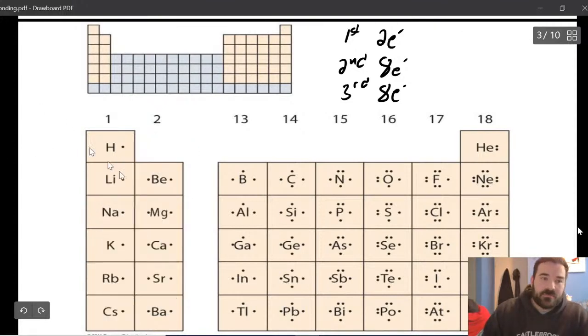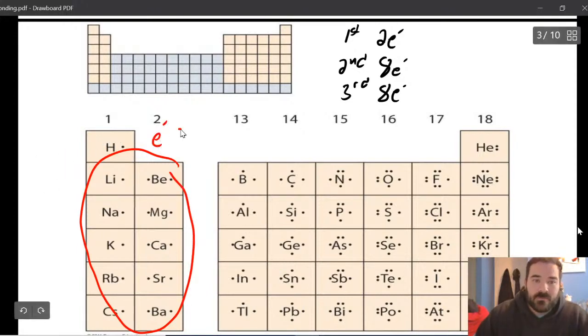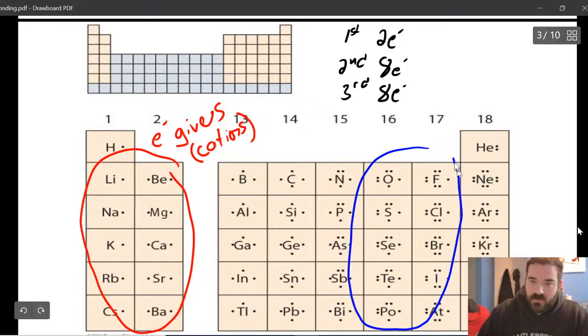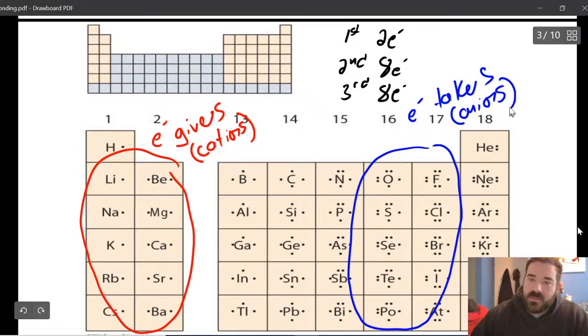So these we'll call electron givers, or atoms that tend to become cations, because they tend to become positive because they're giving away 1 or 2 of their negative charges. And then all of the atoms on this right side we'll call electron takers, or anions, because they tend to take electrons from other atoms, gaining a net negative charge.